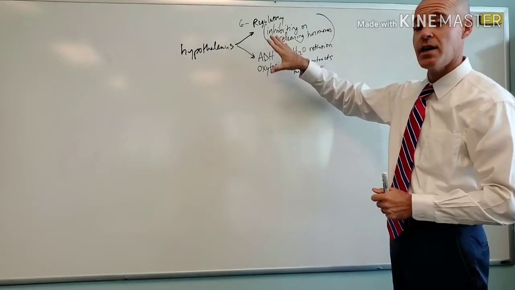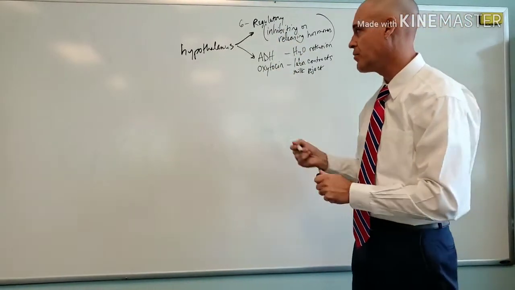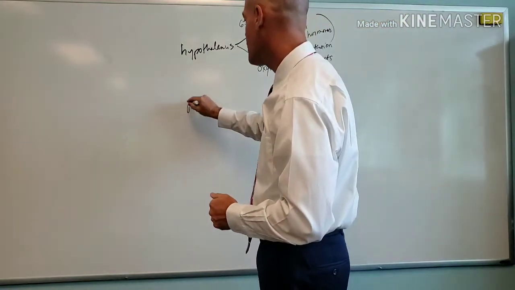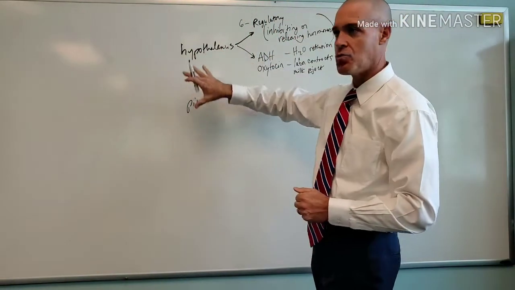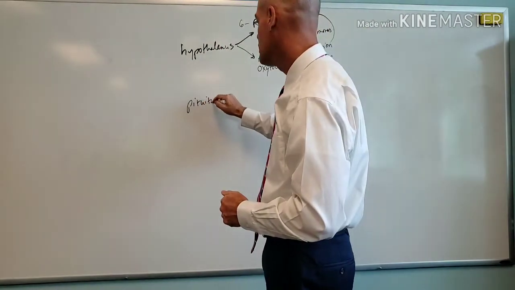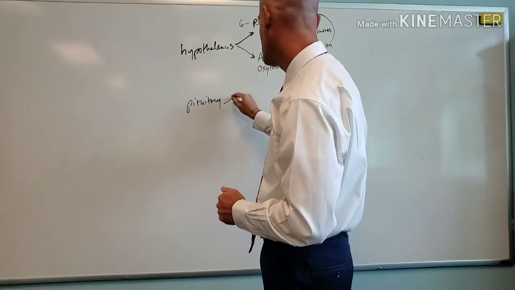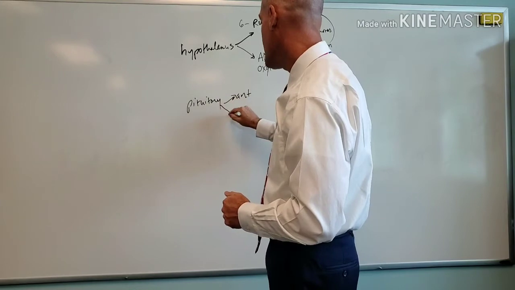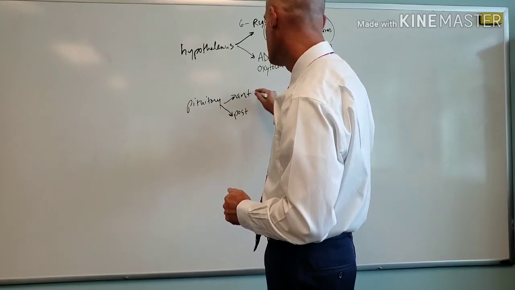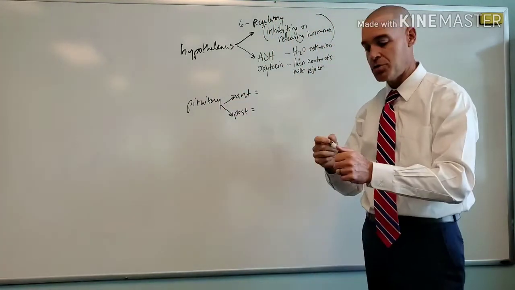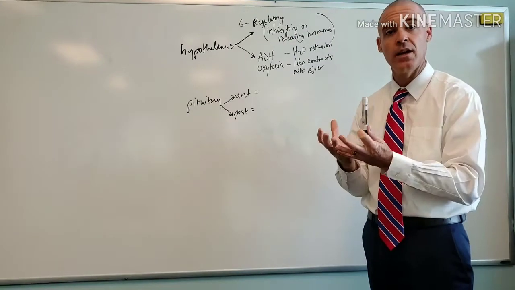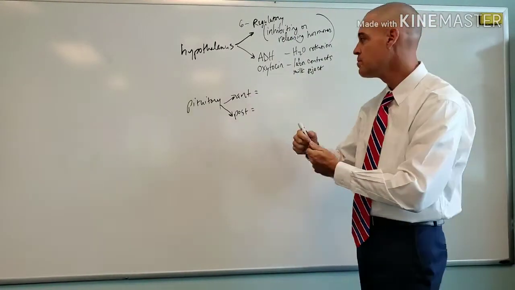So that's really it for hypothalamus that we're going to talk about. Now, if we go down to the pituitary, which obviously the hypothalamus is directly connected to, we've got, of course, our anterior side and our posterior side. The anterior and posterior side are completely separate. It's one gland, but they're functionally separate.